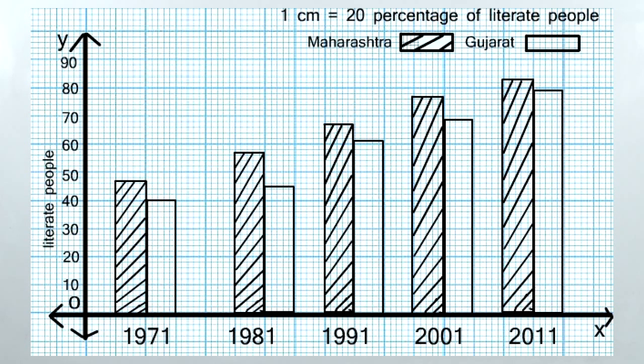So here we have a joint bar graph showing the percentage of literate people in the states of Maharashtra and Gujarat.